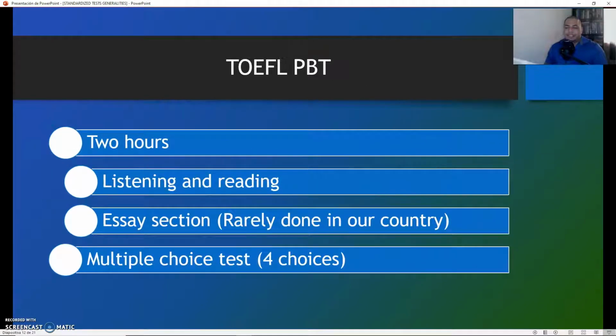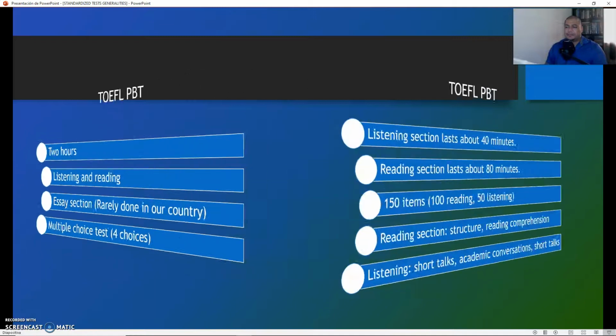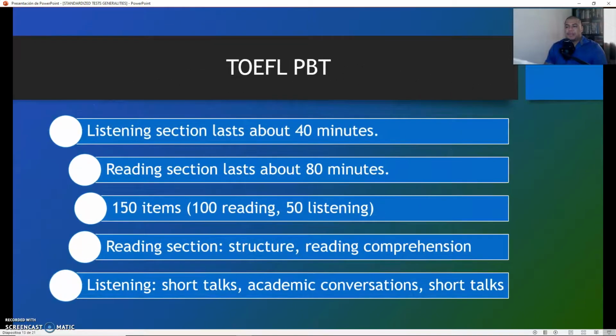The TOEFL PBT takes 2 hours, and it focuses on listening and reading, as I told you. There's an essay section, again the TWE, that rarely occurs in our country, and it's a multiple choice test. Usually you are given 4 response choices. In the TOEFL PBT, the listening section lasts about 40 minutes, and the reading section lasts about double, about 80 minutes.